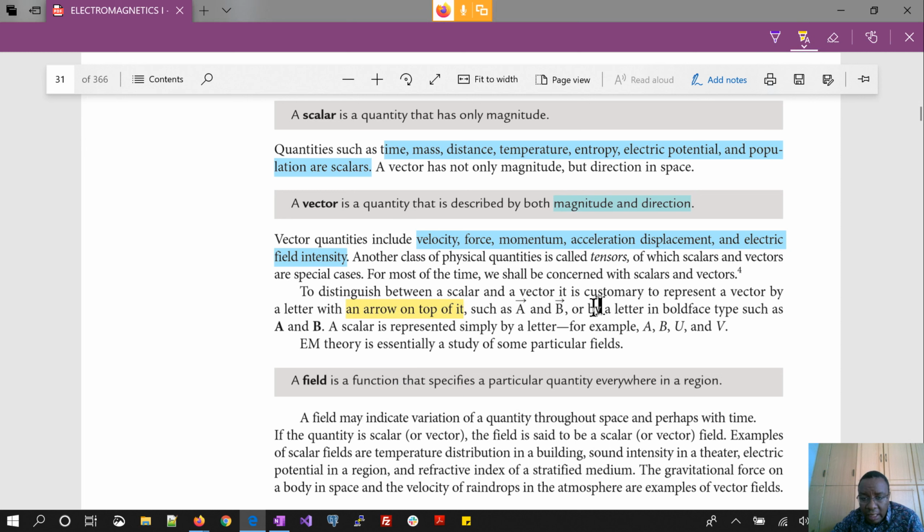Alternatively, we use a boldface to indicate again that a given quantity is a vector. So when you see something like this A and this B, that means we are dealing with vectors. Now, a scalar is represented by simply a letter without any arrow or without the boldface.